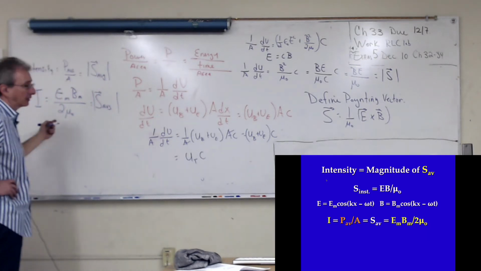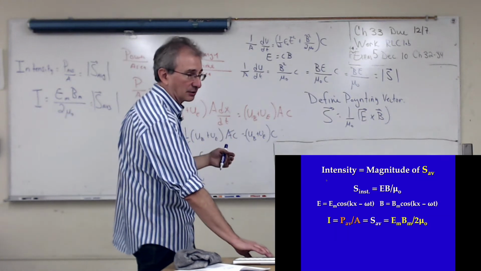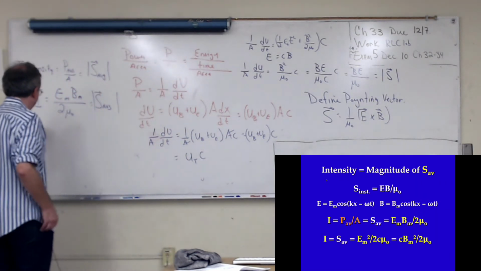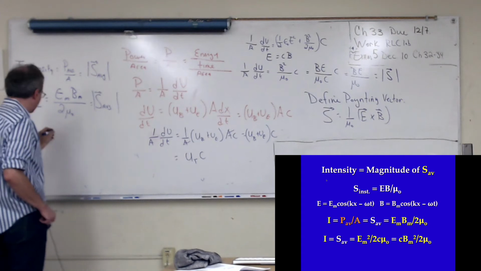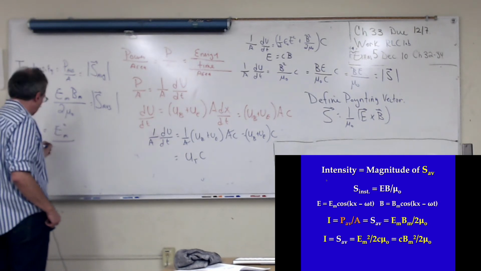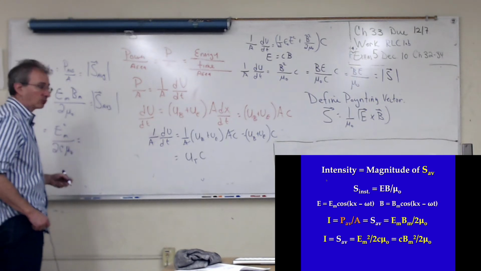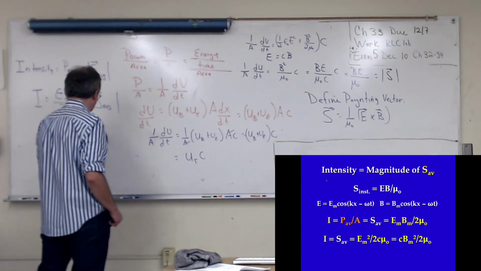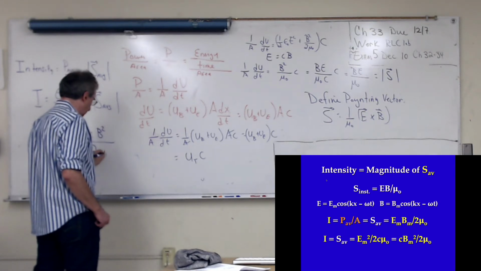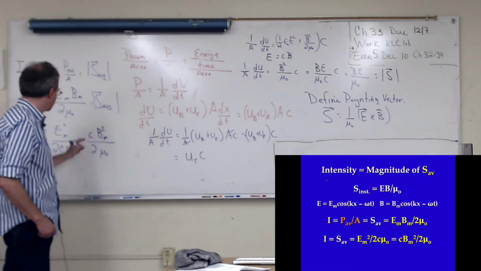Of course, we can rewrite this in terms of E only or B only because of the relationship between E and B. So we can write it as E max squared over 2C mu naught, or you can write it as C B max squared over 2 mu naught. These are max values now, because these are from average values.